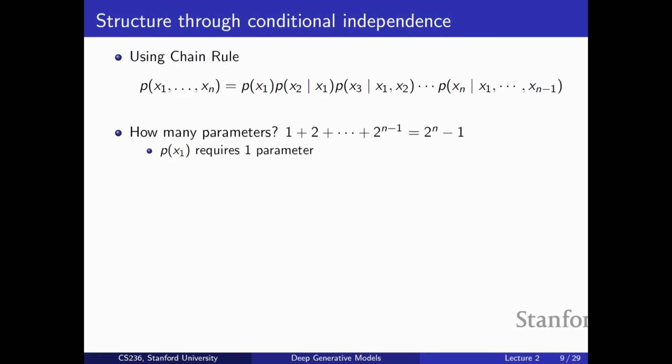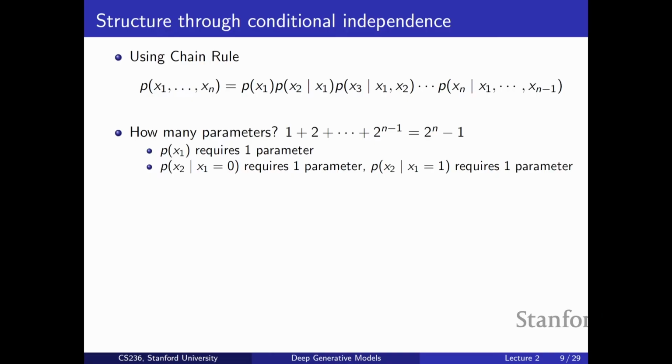Then how many parameters do you need for the second? Well, if the variables are binary, then x1 can take two different values, 0 and 1. For each one of them, you have to specify a distribution over x2, which takes one parameter. So P of x2 given x1 will take two parameters.